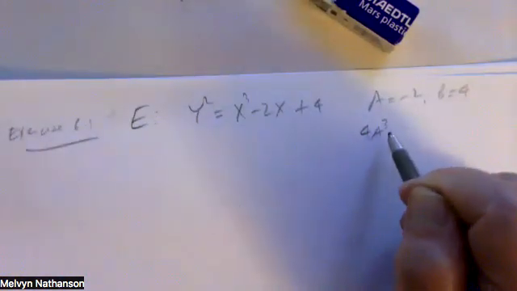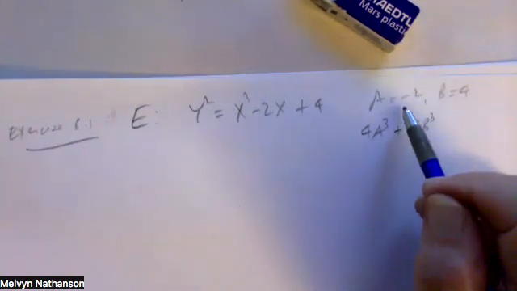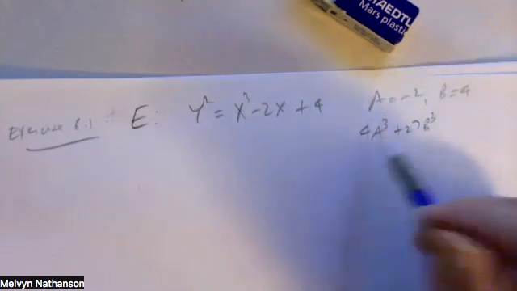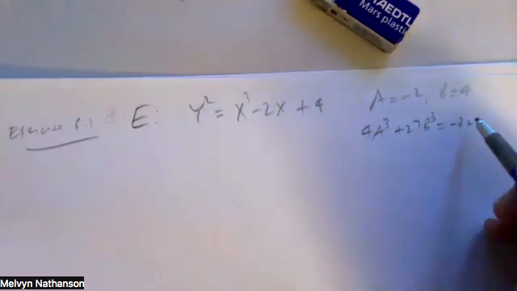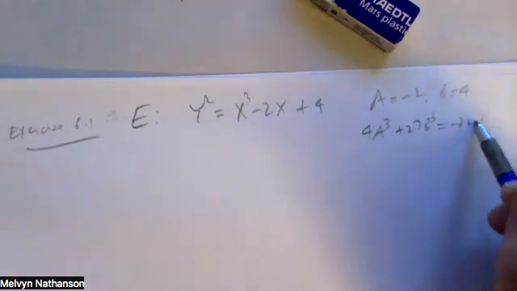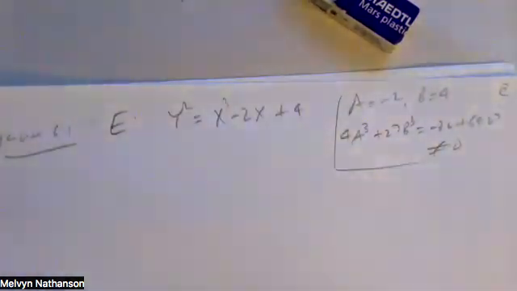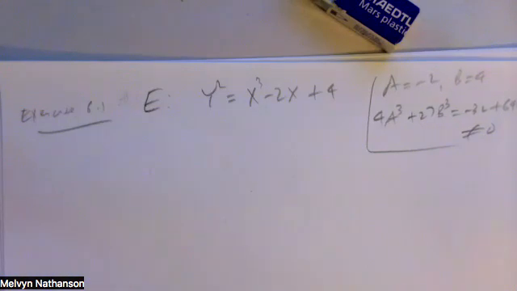and the discriminant, 4a cubed plus 27b squared: minus 2 cubed is minus 8, times 4 is minus 32. 4 cubed is 64, plus 64 times 27. Whatever it is, it's definitely not 0. So this is a legitimate elliptic curve.